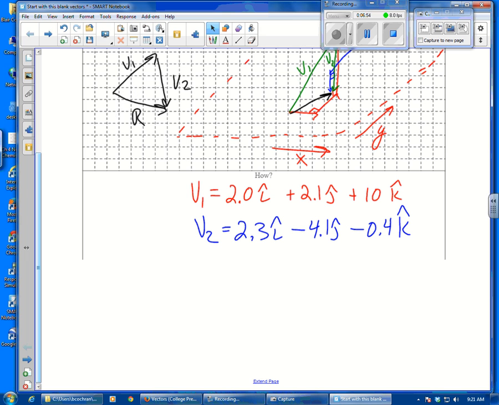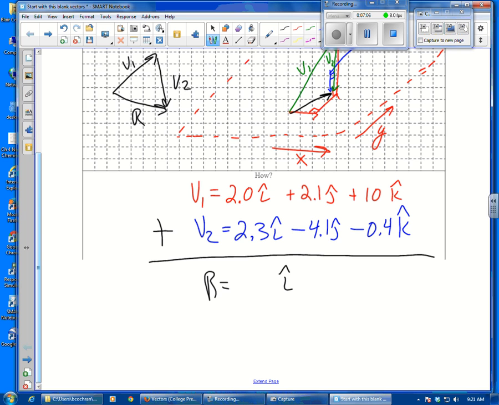We are going to use the components, because now we're going to add these two together. And here's the nice thing: with components, I can just add up my columns. So 2 plus 2.3 is 4.3. 2.1 plus negative 4.1 is negative 2.0.